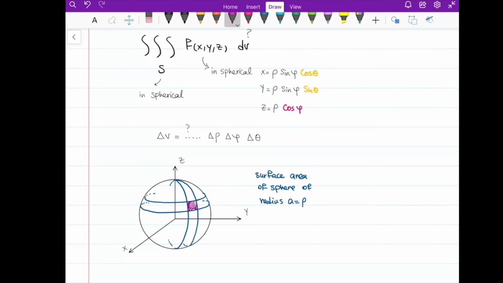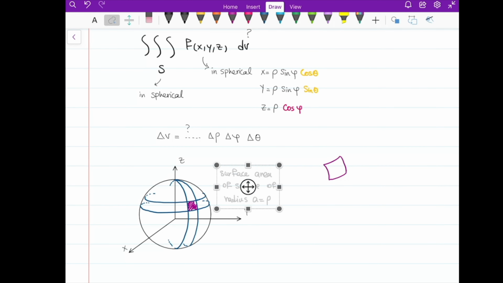I'm just considering this small piece. Okay, so let me make it just in here. So I have this small piece like that. I'm going to move this one in here so that I have more space to write. Now let me consider just this side of it. I just want to find the area of this small piece that I grabbed.